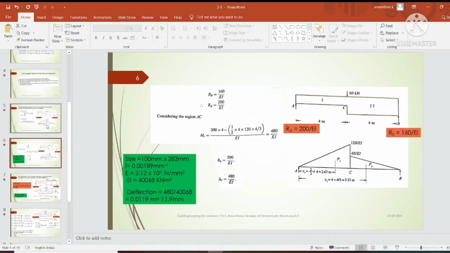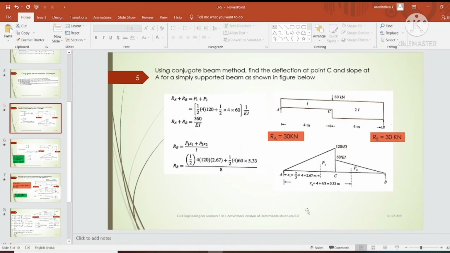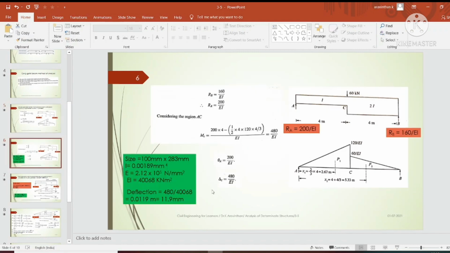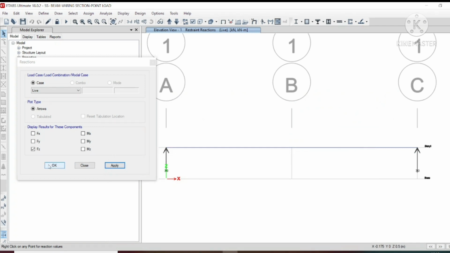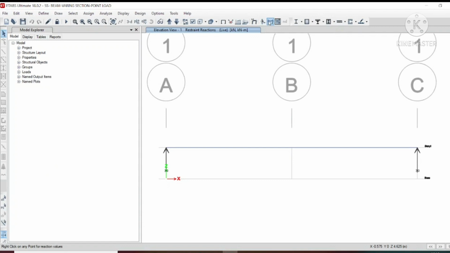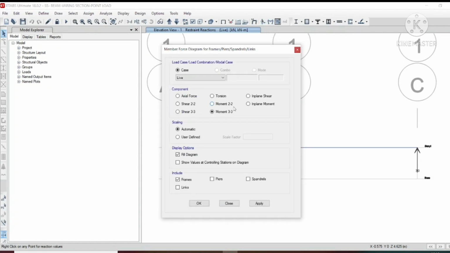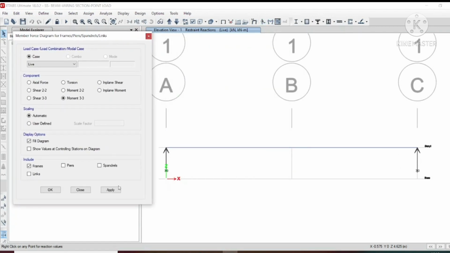So we got the same 30 kilonewton here. Now let us check the bending moment and shear force.